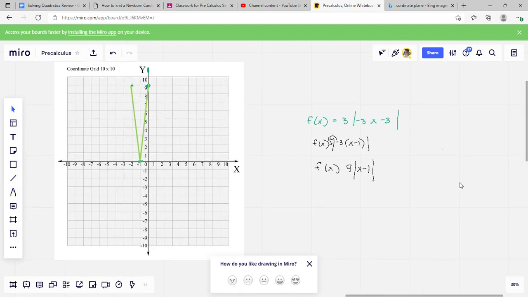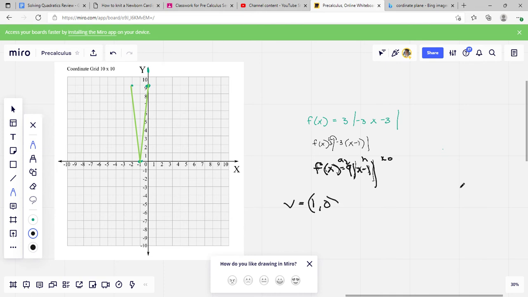If we look at it now, we've got f of x equals 9 times the absolute value of x minus 1. Alright, so our a value is now 9, and our h is negative 1, and our k is 0. That means our vertex should be at hk, which would be the opposite of h, positive 1, and k would be 0.